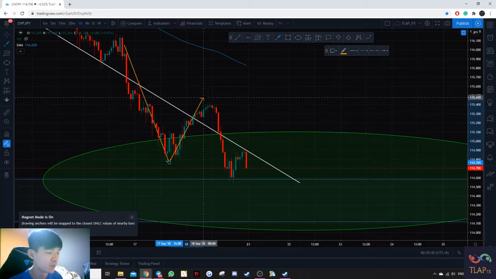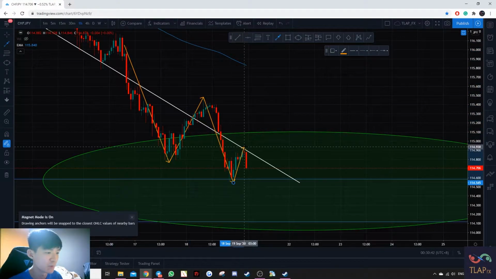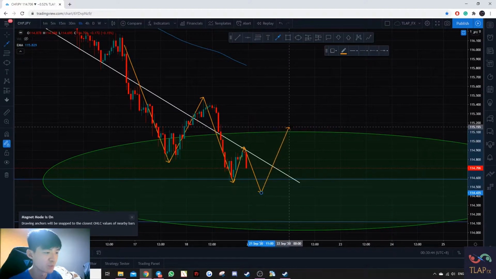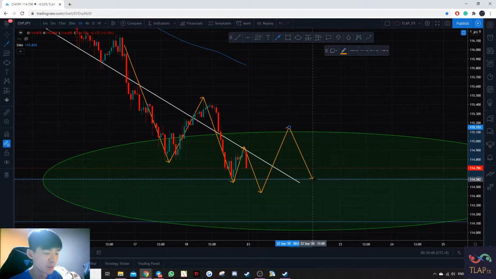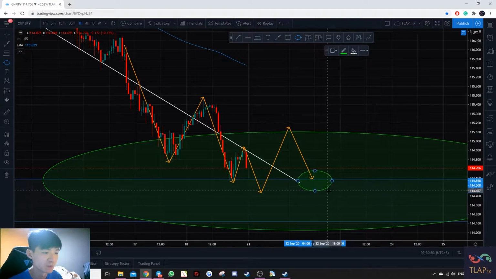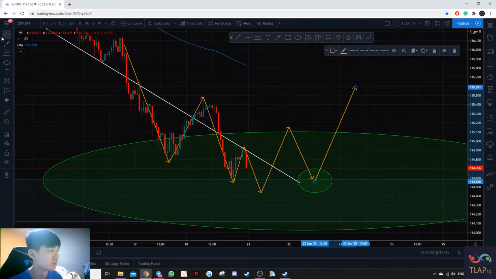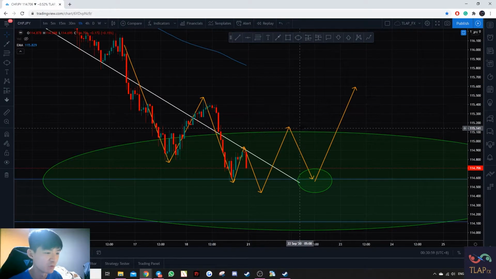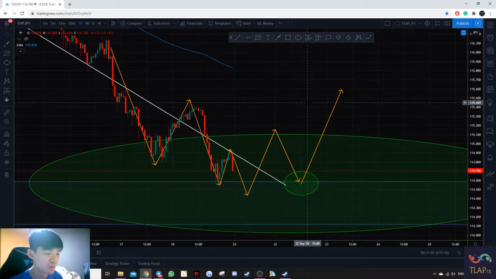You see we have lower swing highs and lower swing lows, and we want a price that breaks out of this previous swing high, comes back down to retest, and potentially look for a double bottom over here before driving prices upside again. So we are looking for a pattern like this before buying CHFJPY.